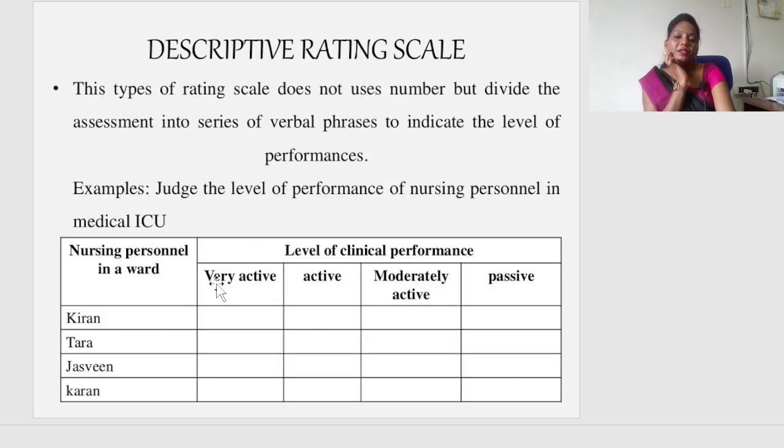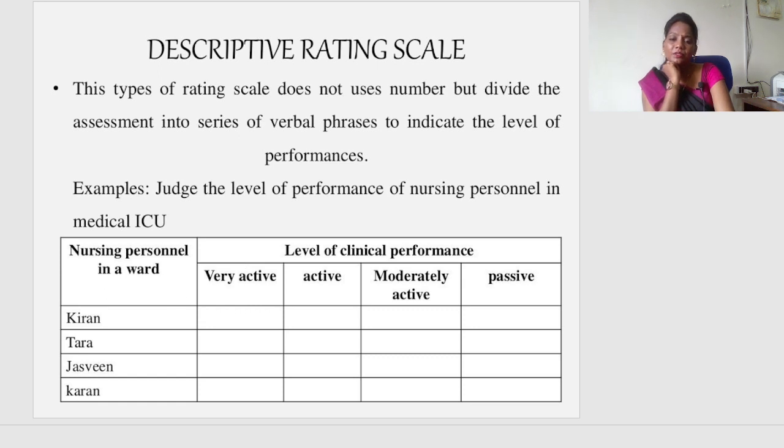And descriptive rating scales will speak about the level of clinical performance, and some other methods also. This type of rating scale does not use numbers but divides the assessment into a series of verbal phrases to indicate the level of performance. For example, judge the level of performance of nursing personnel in the medical ICU.